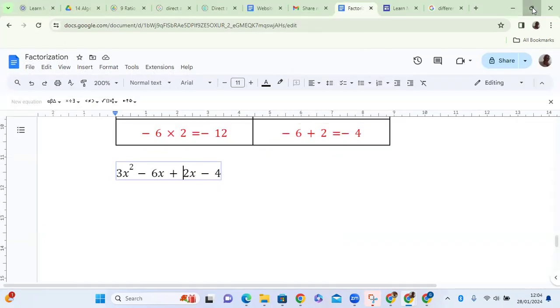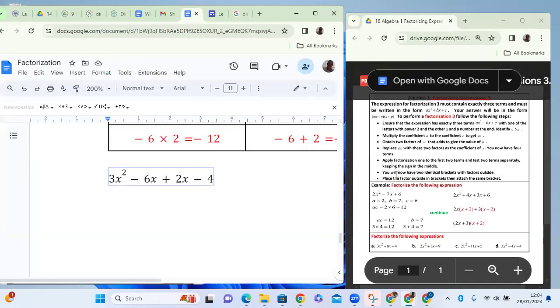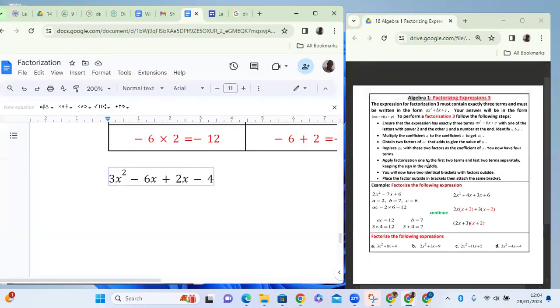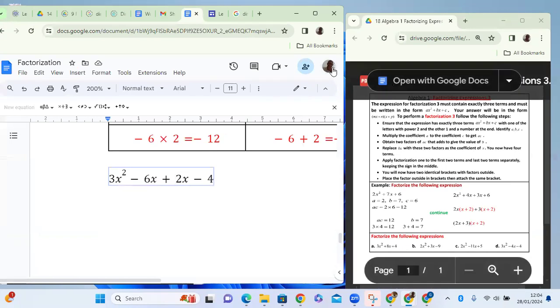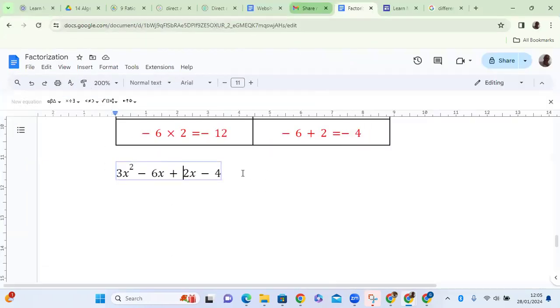With those 4 terms, it says apply factorization 1 to each pair separately. And we have to keep that plus sign in the middle.